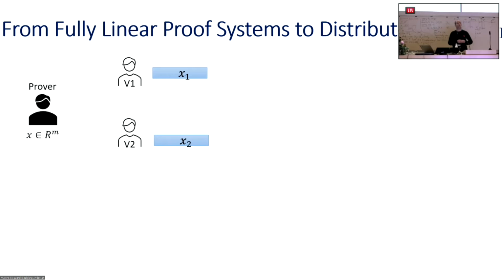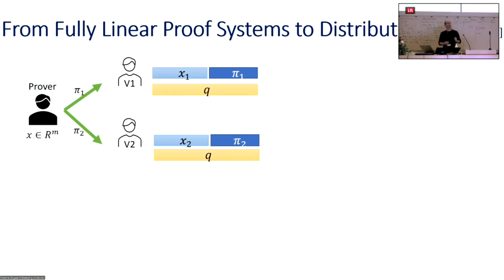So here we will have, instead of one verifier, multiple verifiers. And then we can realize this idea of making only linear queries. So how do we do that? Now we will assume that the input is also distributed across the verifiers. Or in our setting, the input X will be secret shared across the verifiers. Now we ask the prover, when he outputs a proof, to also secret share the proof in the same way.